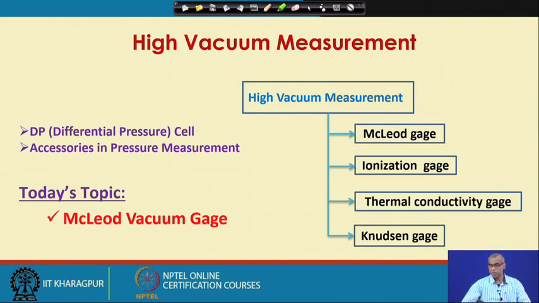So, for measurement of high vacuum or measurement of very low pressures, we will talk about McLeod gauge, ionization gauge, thermal conductivity gauge and Knudsen gauge.